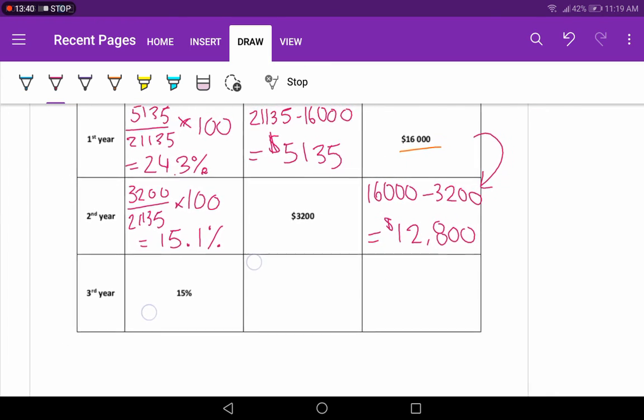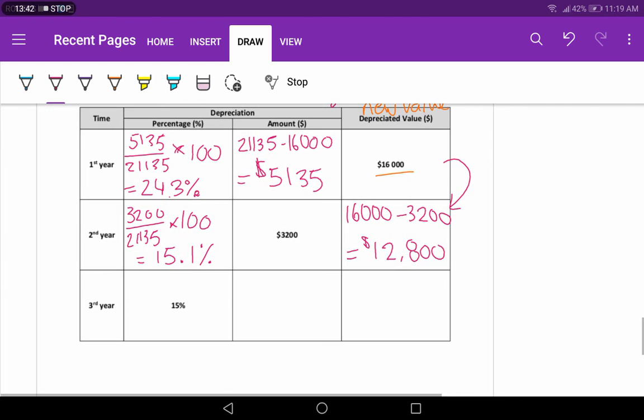For the last column, it tells us that we are depreciating by 15%. In order to figure out how much we have depreciated, we need to take our total cost of our vehicle and multiply it by 15% as a decimal.